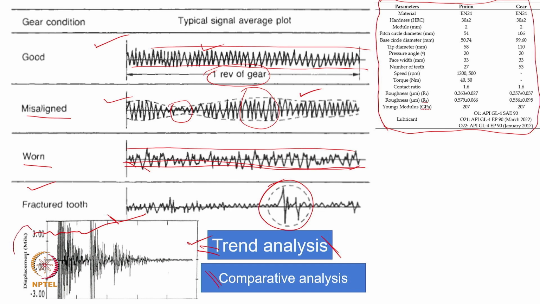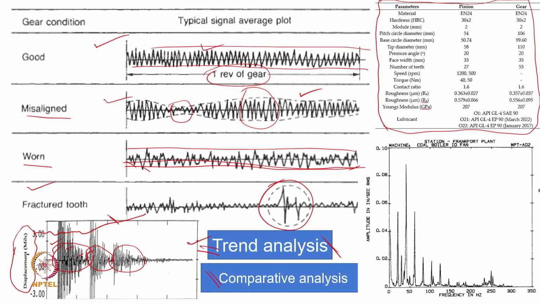Now, this is what I mentioned about the trend analysis: we are getting high peaks, then low peaks, and further high peaks. This is one rotation, this is a second rotation, this is a third rotation. Here we are not able to understand much, but if we go to the frequency domain, we are able to see peaks more or less at these frequencies.